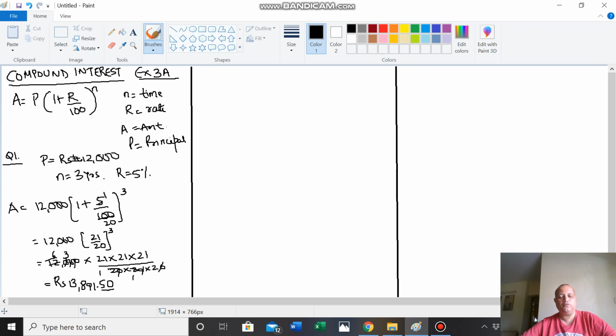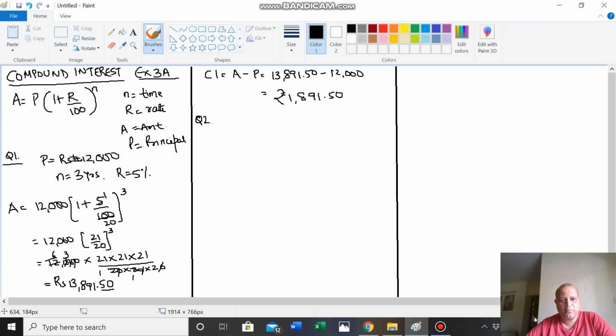I repeat, if you're talking about money, then you need to write your answer with two decimal places. And how would I calculate the compound interest? Compound interest will be equal to amount minus principal, which is 13,891.50 minus 12,000. So it will be equal to rupees 1,891.50.